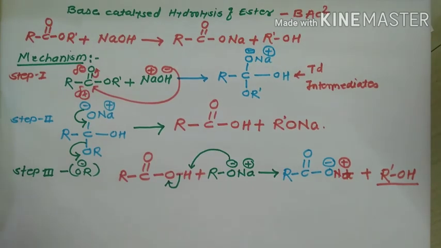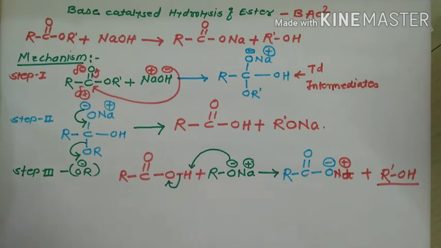These are the three step mechanism of the saponification reaction, that is base catalyzed hydrolysis of esters, which proceeds in three steps. In step first, there is formation of a tetrahedral intermediate by nucleophilic addition of OH minus ions. In step second, the tetrahedral intermediate eliminates the alkoxide ion, that is OR minus, by acyl O bond fission.